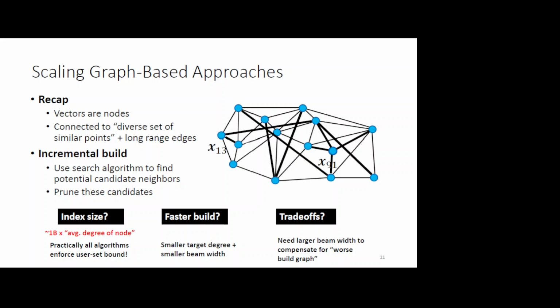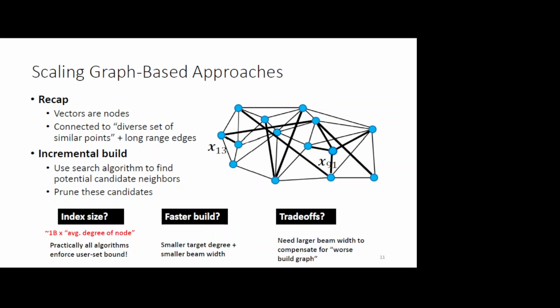And to build the graph, they usually follow an incremental way. This means I will insert a point into the current graph, and then find its neighbors to build the edges. And next, I will insert the next point, maybe x92, maybe here, and then based on the current structure I build the edges.